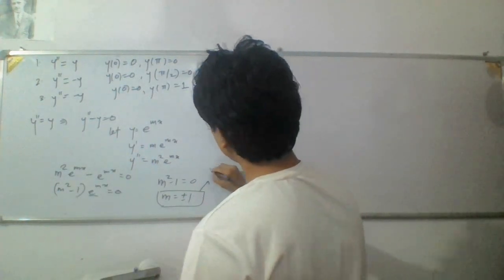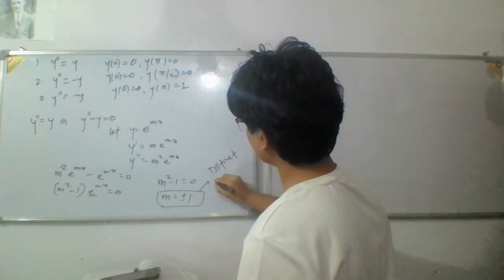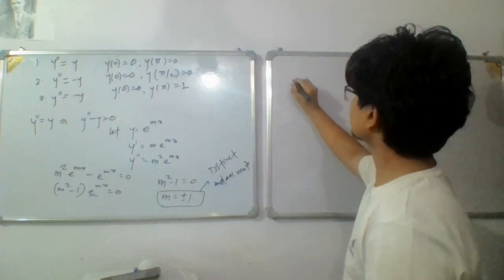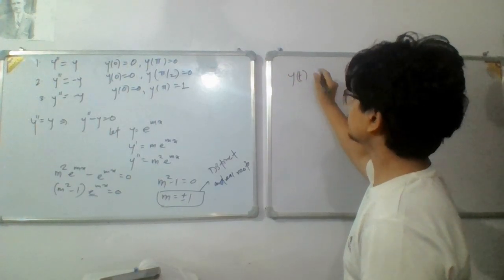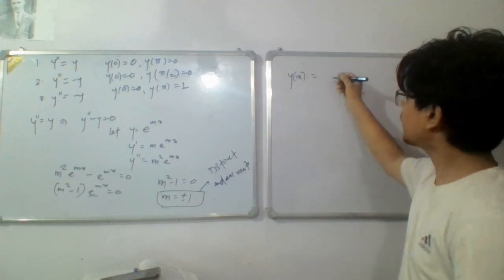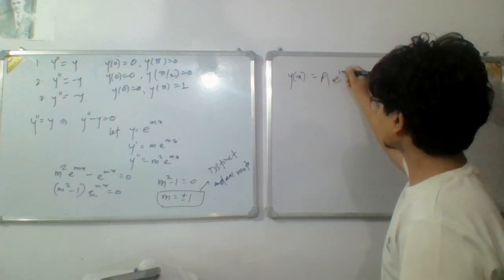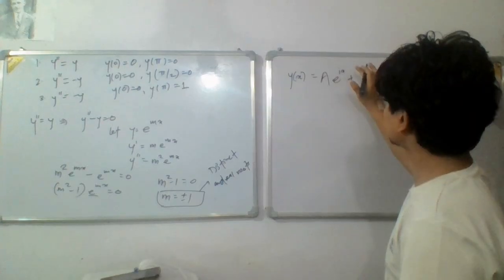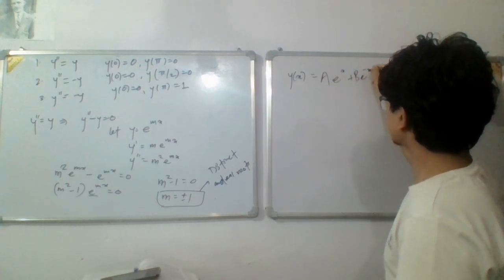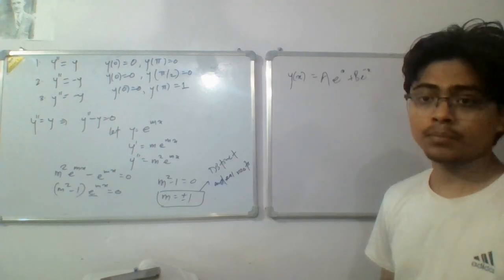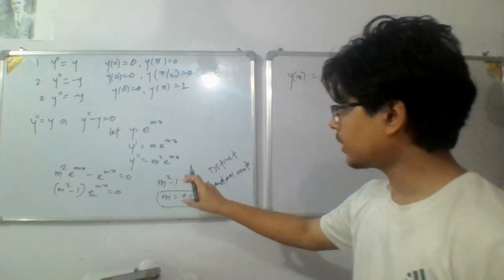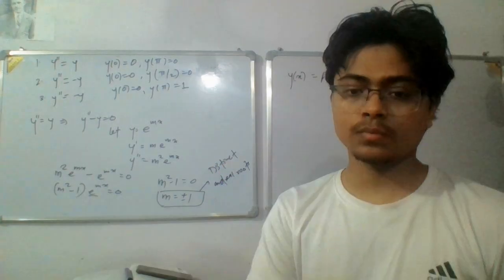These are distinct real roots, so the solution is y of x equals a e to the power x plus b e to the power minus x. Sorry, it's not m. So if it goes there, then it is plus 1, right?